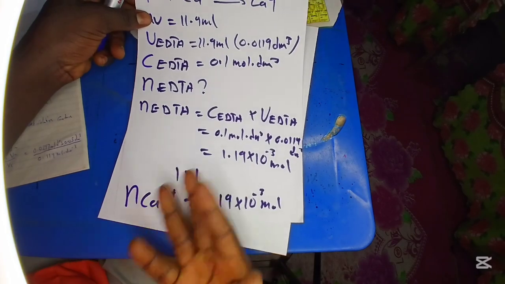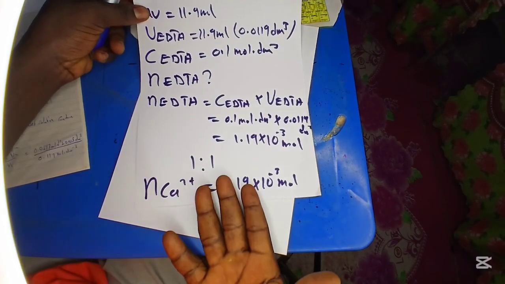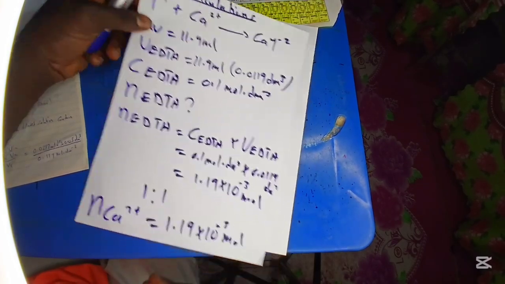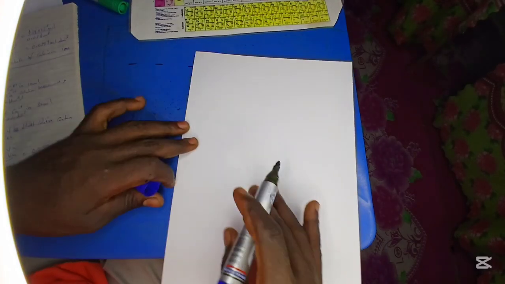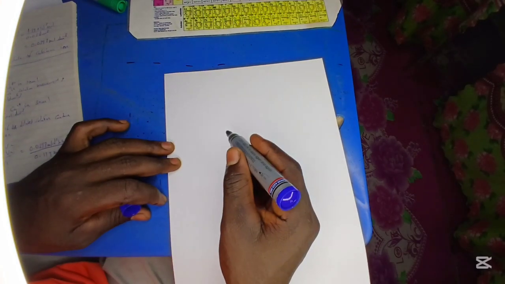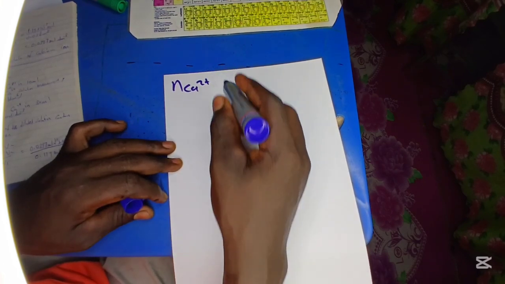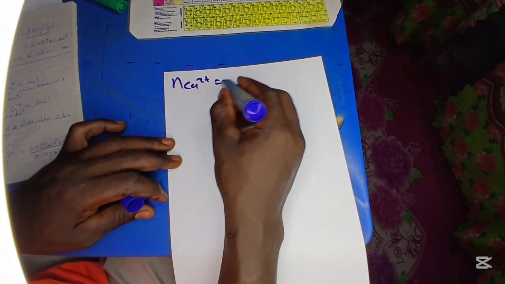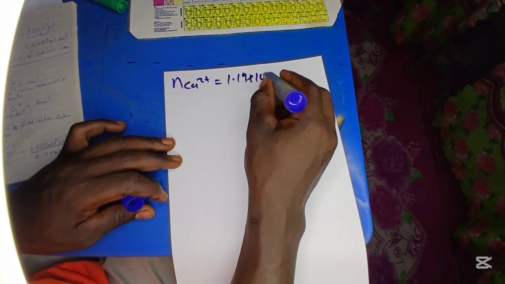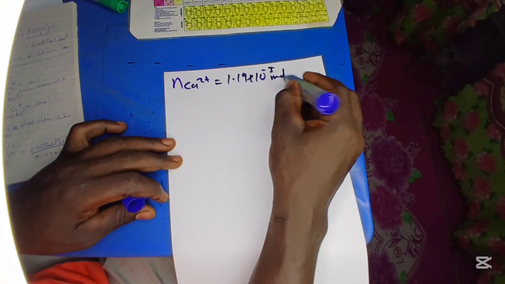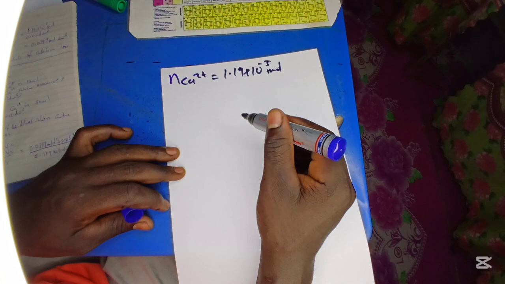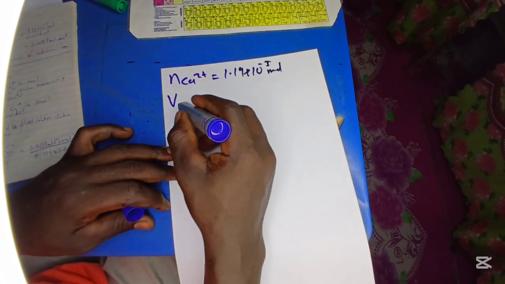We are now going to calculate the concentration of Ca2+. So let's do that. For the concentration of Ca2+, we know the moles of Ca2+, which is 1.19 × 10^-3 moles. And what is the volume of our Ca2+?